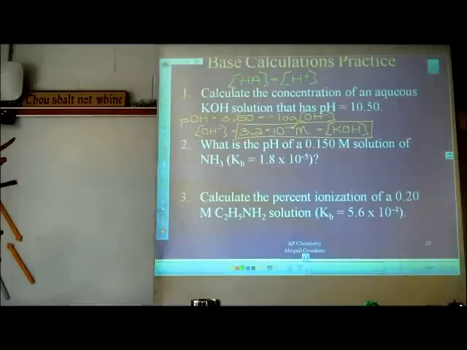However, what if the strong base given to me in this problem was not KOH? What if it was this one? It's still a strong base, right? That means I don't need an ice table, I don't need any of that.